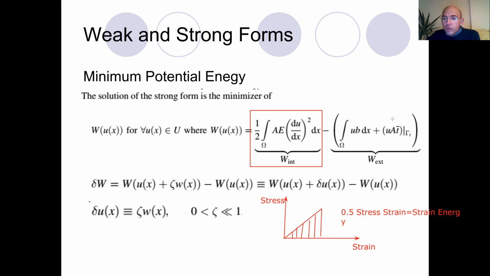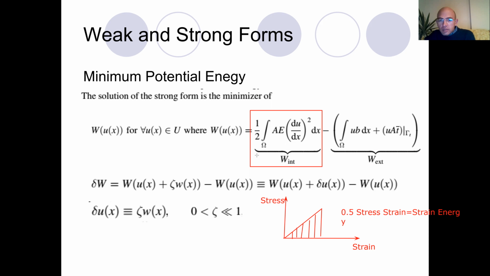We have the work done by the traction forces. So you apply an external load, and then you calculate the work done by the external load. So basically, the potential energy is the energy stored inside the structure minus work done by the distributed load and work done by the traction forces.